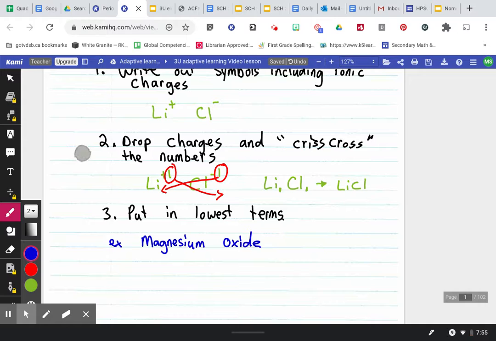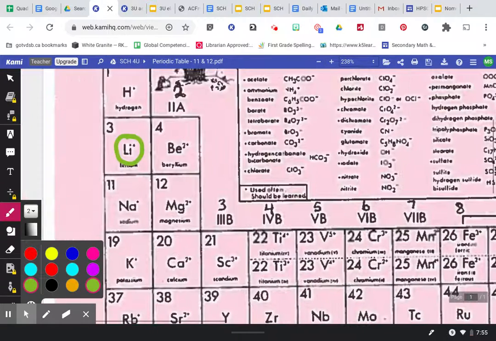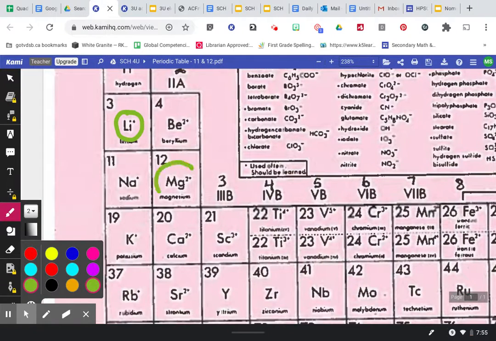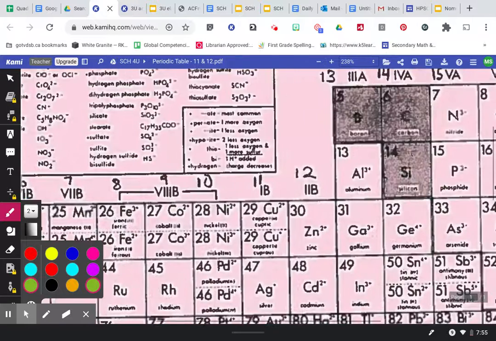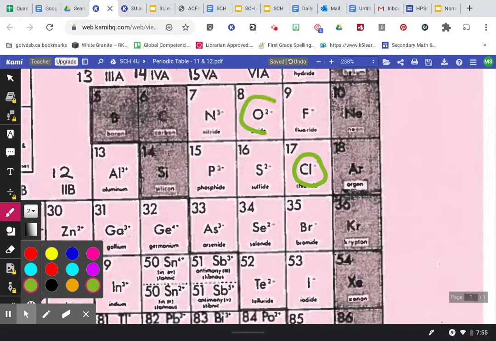So for magnesium oxide, following our same rules, I'm going to go magnesium and oxygen. I'm going to double check my periodic table. Over here, magnesium is a 2+, and my oxygen is an ionic charge of 2-.